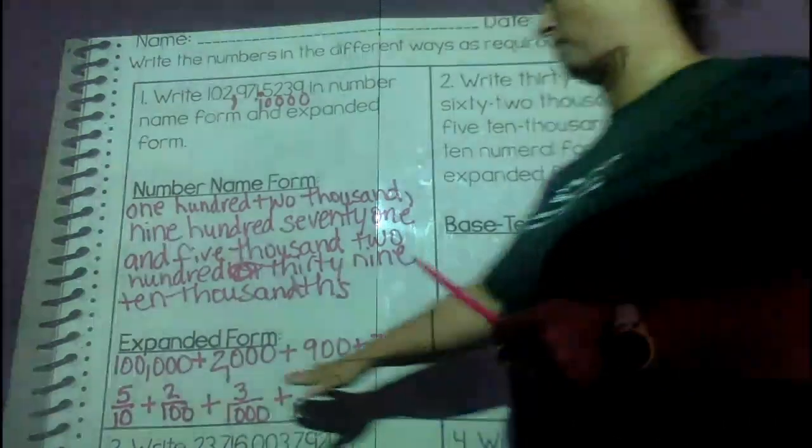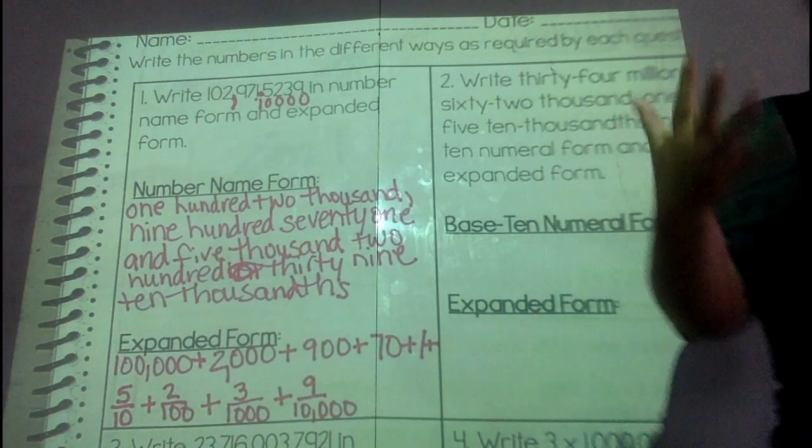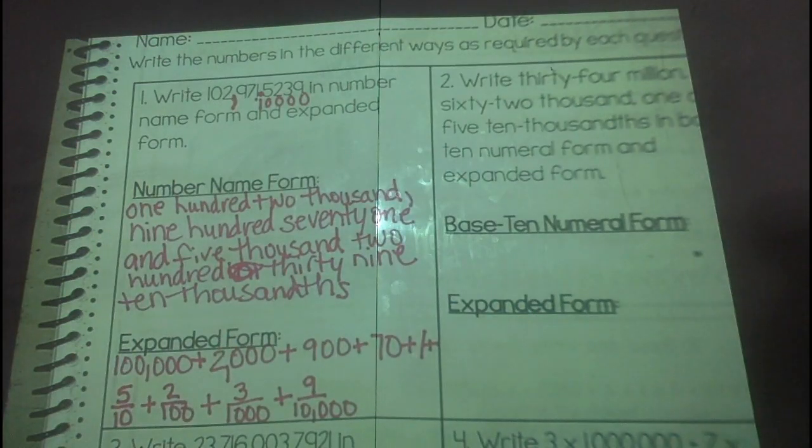You're not writing the problem, you're just writing it out as each place value. So that's another way that you can write that problem. So let's go on and look at problem number 2.